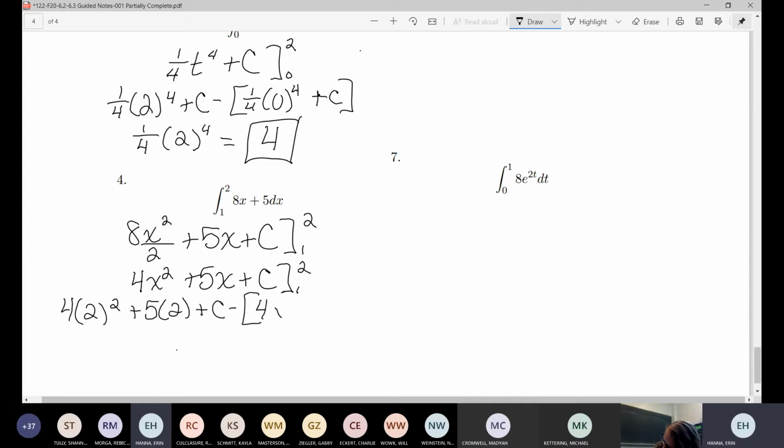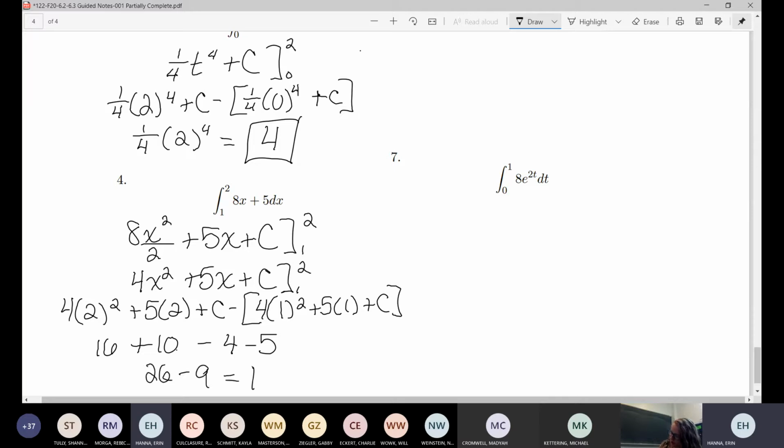Subtract what you get when you plug in the bottom bound. And here's where it's kind of important to distribute that negative. So 4 squared is, 2 squared is 4 times 4 is 16. Plus 10 minus 4 minus 5. So essentially 26 minus 9, 17.